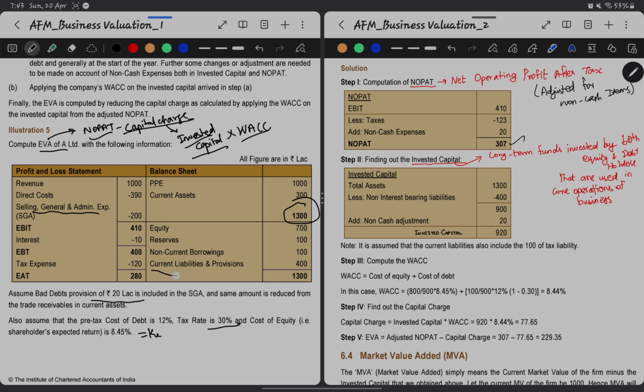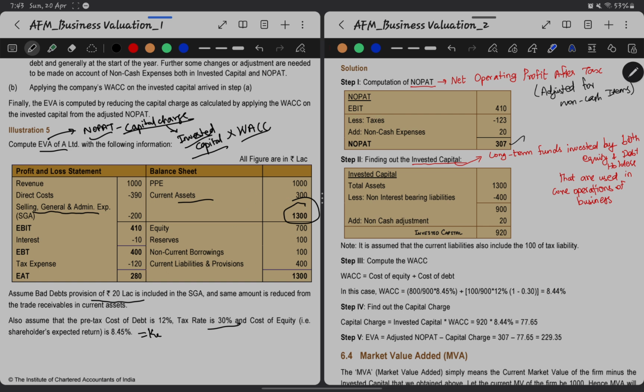These are the current liabilities and provisions, which form part of the working capital, so they will be eliminated from the assets, and the non-cash adjustment has to be added back, because in current assets this 20 has been reduced.